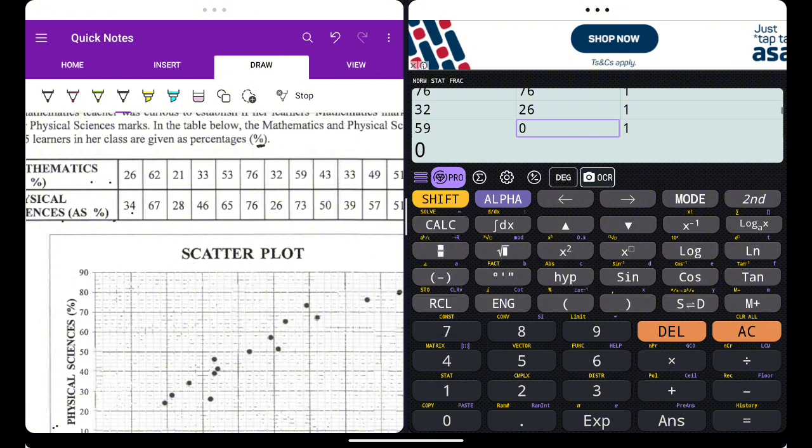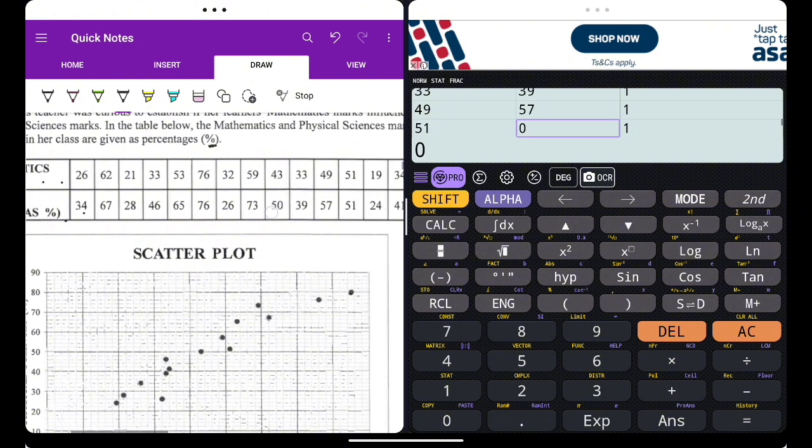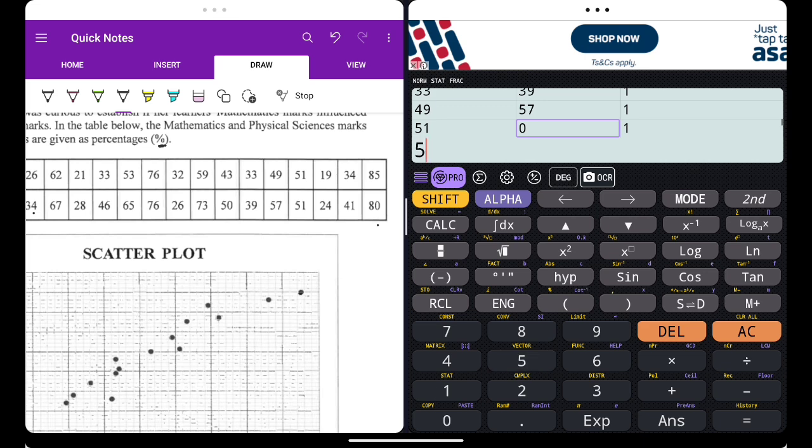then 73, equals to 50, equals to 39, equals to 57, equals to 51, equals to 24, equals to 41, equals to 80, equals to.